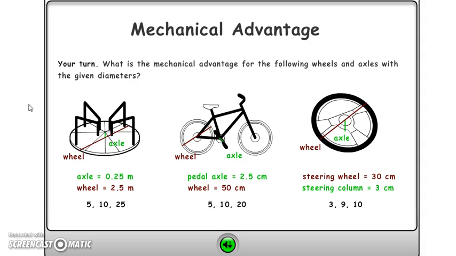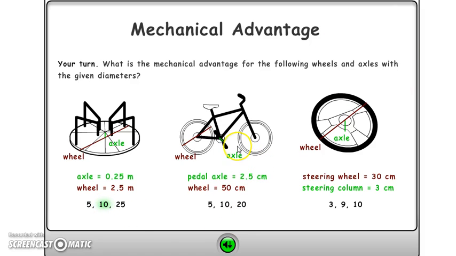Take a few seconds to see if you can get this yourself. Okay, great. If you punch that in on your calculator, wheel diameter divided by axle diameter, which is 2.5 divided by 0.25, gives you 10. Let's check it out. Yep, sure is right.